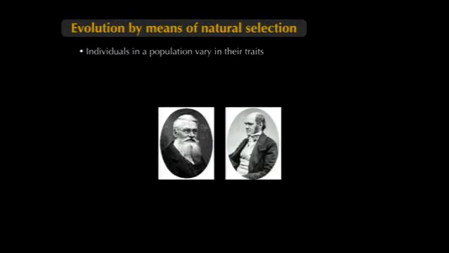The process, evolution by means of natural selection, or evolution, that's how they would have phrased it, or common descent, is based on the process of individuals in the population first varying in their traits, a point I made earlier, that there's a quote-unquote struggle for existence among these individuals, a point I did not stress earlier, but a point that goes back to Linnaeus and earlier, that organisms in the world are struggling with each other, either for survival or for reproductive success.